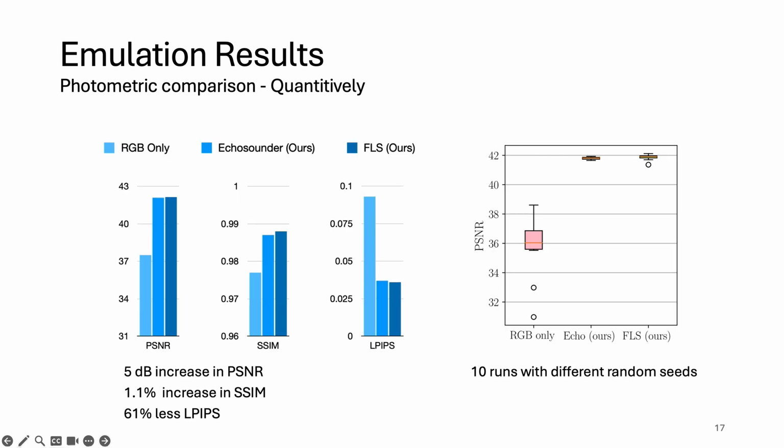We outperform the RGB-only method by 5 dB in PSNR with higher SSIM and lower LPIPS scores. Additionally, we quantify the stability by conducting 10 training runs using different random seeds. Our method exhibits lower variance and superior performance.